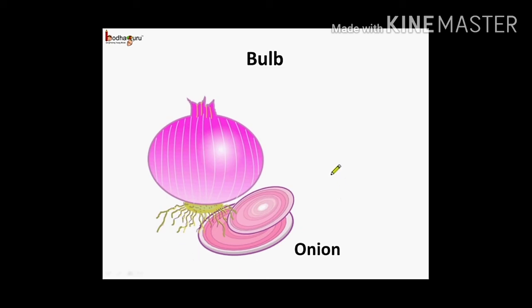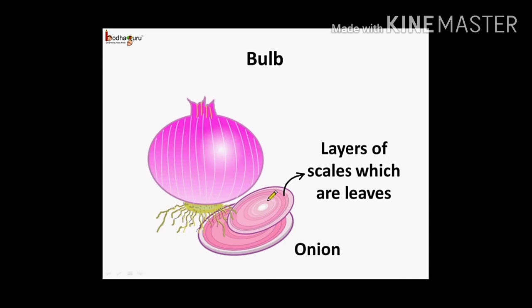Here we see the onion has layers of scales which are actually leaves, and inside there is a bud. Also we see the base of the onion has roots. That onion is an underground stem and it is called a bulb.